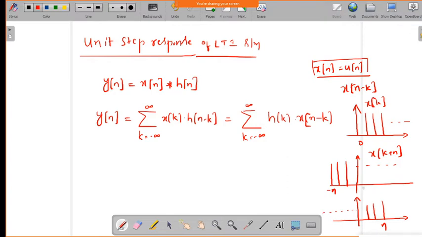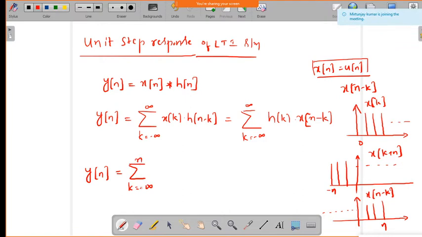So the output will be y of n equal to summation k equal to minus infinity to n of h of k, but instead of x of n minus k I will put 1.